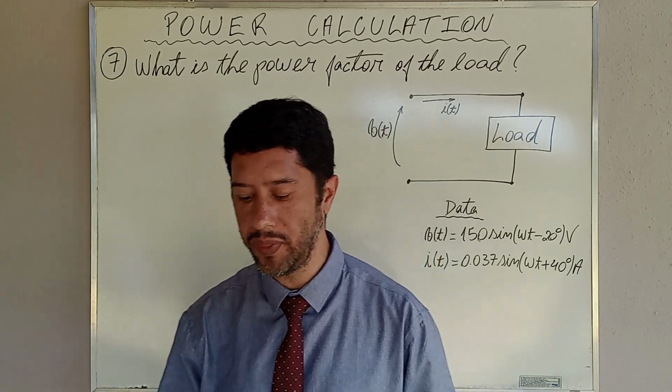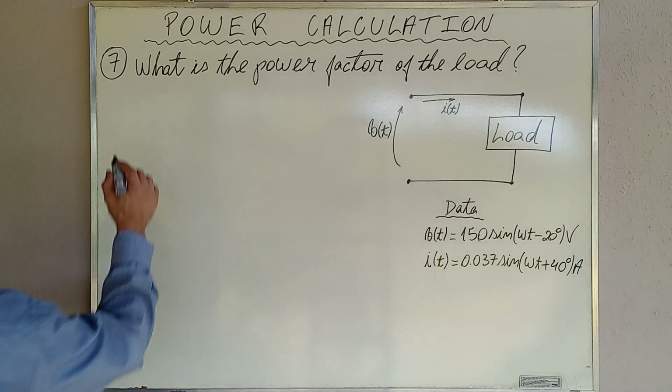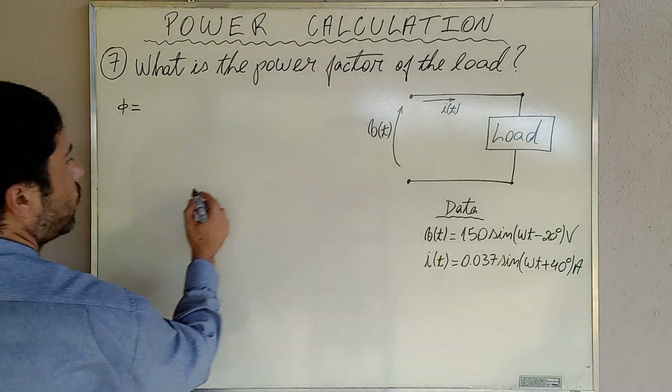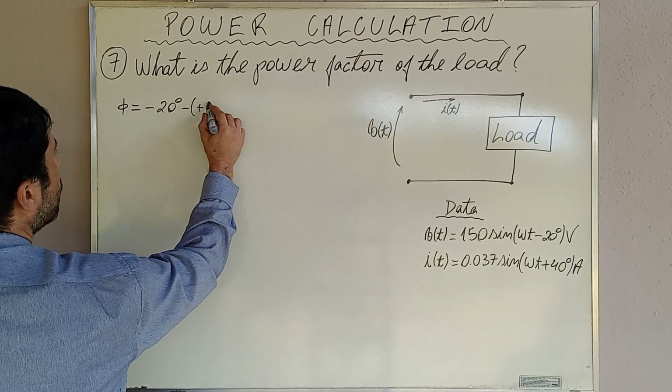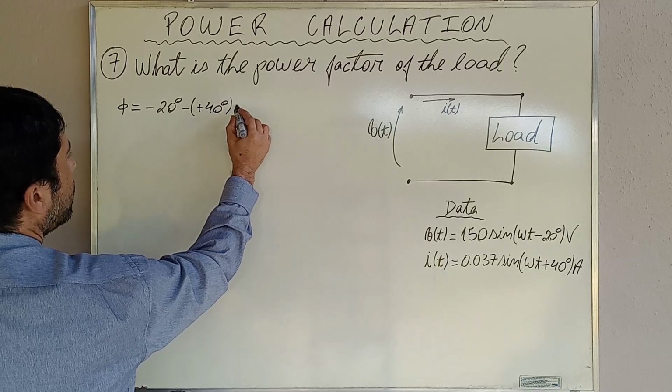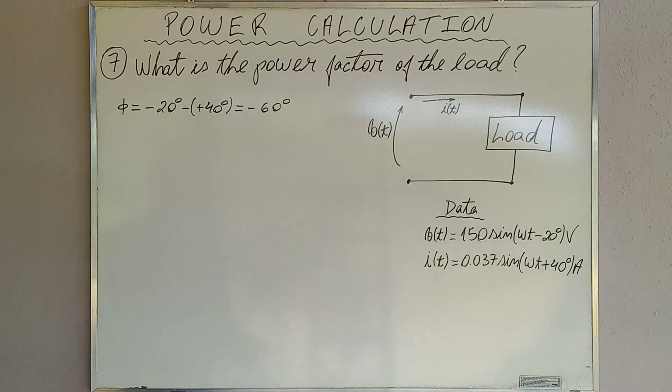Exercise number 7. What is the power factor of the load shown in the figure? This is the question. Let's go to the solution. Remember that the power factor is the cosine of the phasor angle between the voltage phasor and the current phasor. Therefore, the phasor angle phi is equal to negative 20 degrees minus positive 40 degrees, which is equal to negative 60 degrees.